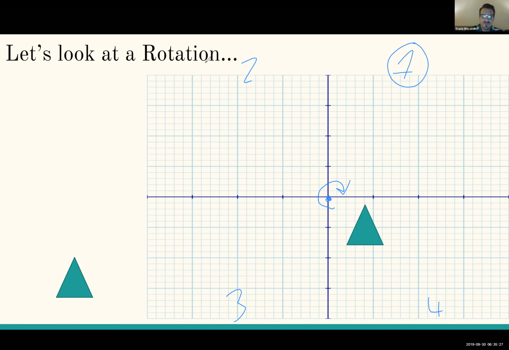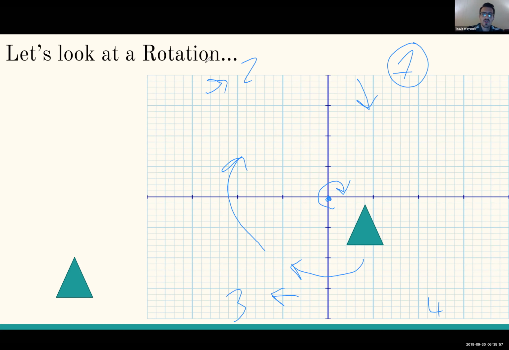If I move 1/4 of the position over clockwise, my triangle is going to move here. If I said move 180, what quadrant do you think the triangle would fall in? Correct, it would fall in quadrant 2. It would keep moving around, and then 270 would be in quadrant 1, moving clockwise. If we moved counterclockwise, it would just go in the other direction.